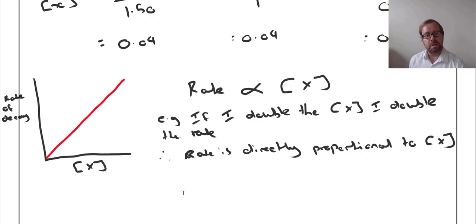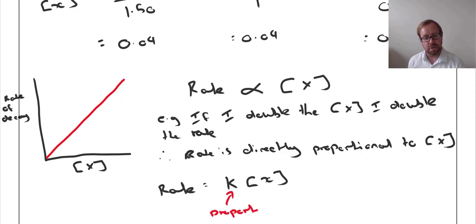Now this symbol, this proportional symbol, we don't use it in an equation. However, I can replace it with this, K. And I can call K my proportionality constant.